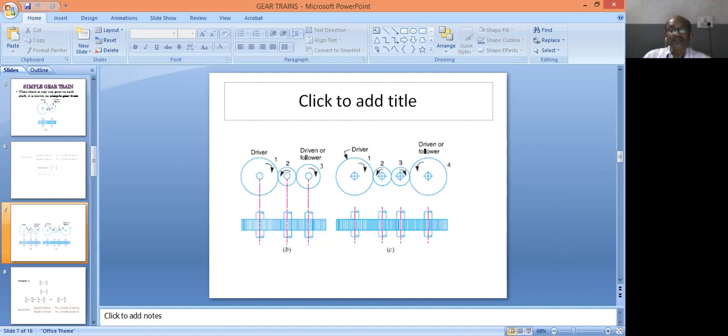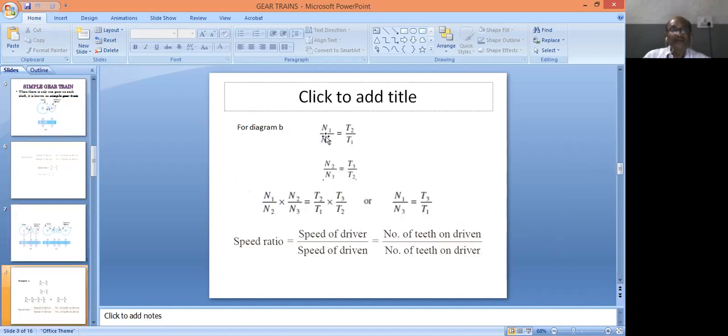Comparing gears 2 and 3, we have N2 by N3 equal to T3 by T2. Combining the ratios, we get N1 by N3 equal to T3 by T1. The speed ratio is similar to the simple gear train: speed of the driver divided by speed of the driven equals number of teeth on driven divided by number of teeth on driver.